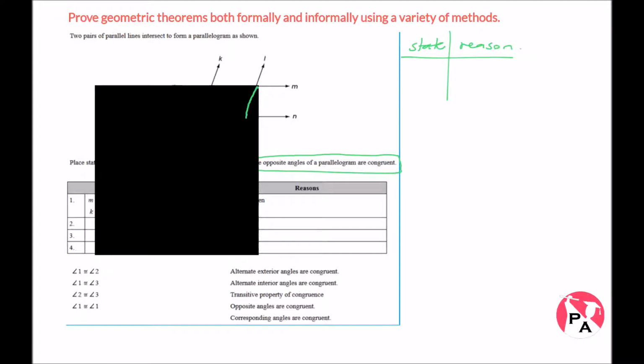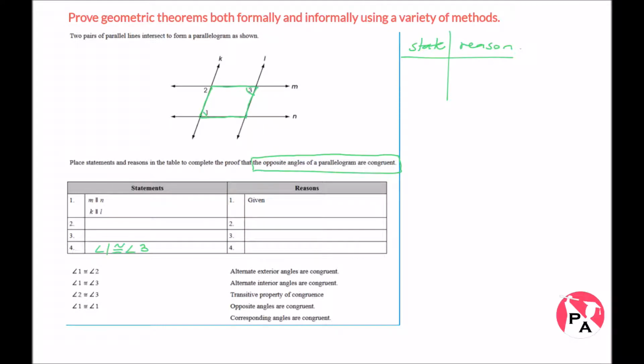Actually, there are only 2 angles in this parallelogram that are labeled, angle 1 and angle 3. We know that these are going to be congruent, but the question asks us to prove it. So the last step, what we need to prove, is angle 1 is congruent to angle 3. I know this because this is what it says. So we located the opposite angles, and then let's cancel that statement out.